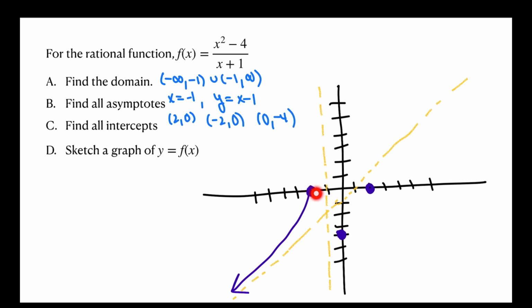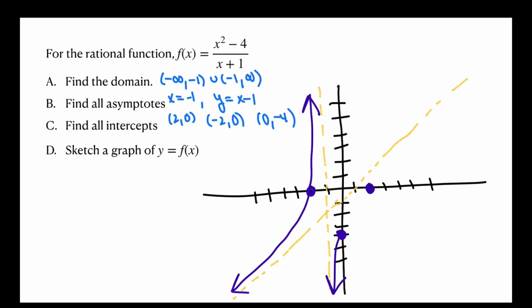As I go to the right from that intercept, we're going to have to go up towards that vertical asymptote. On the other side of that vertical asymptote, I see my y-intercept. From that y-intercept, as we go to the left, we're going to have to drop down to that vertical asymptote. Again, we can't go up because there are no other x-intercepts, so it has to go down.